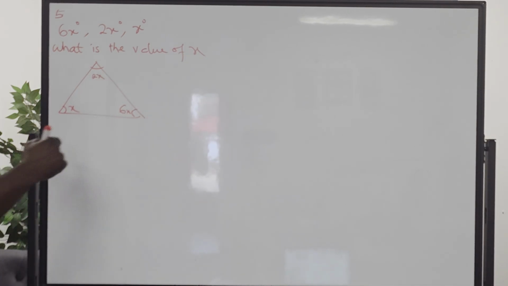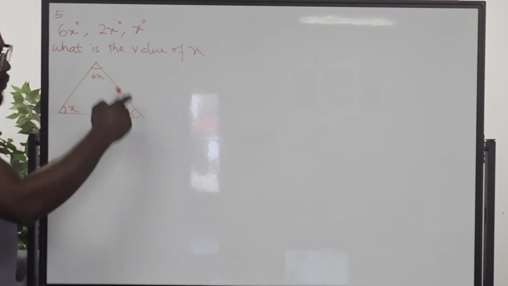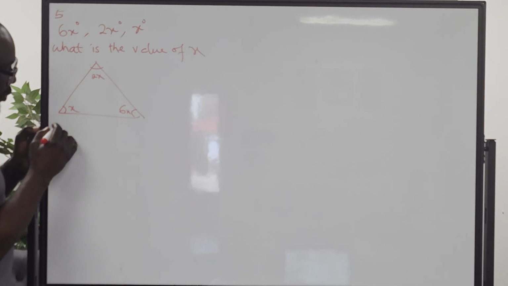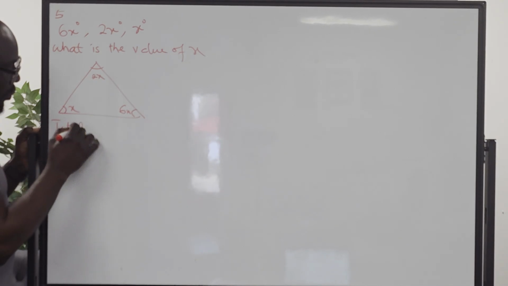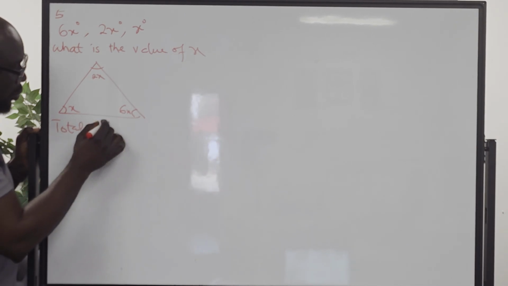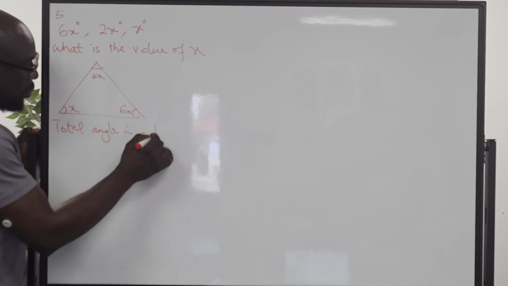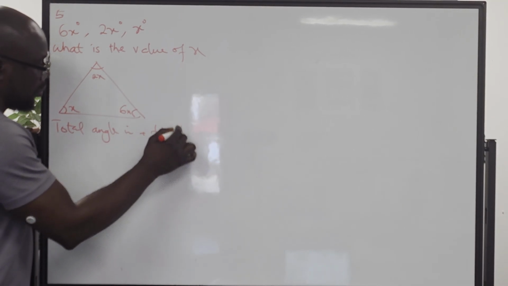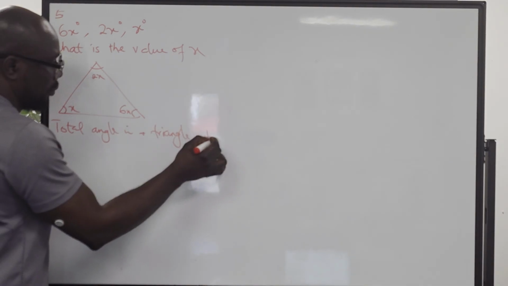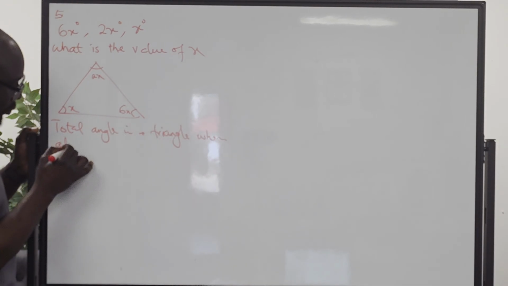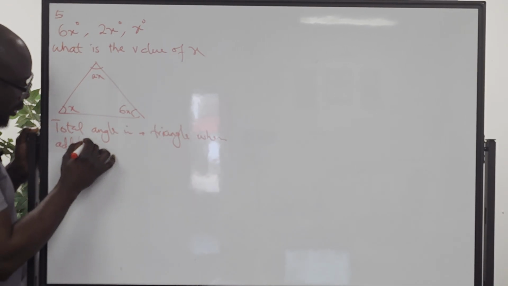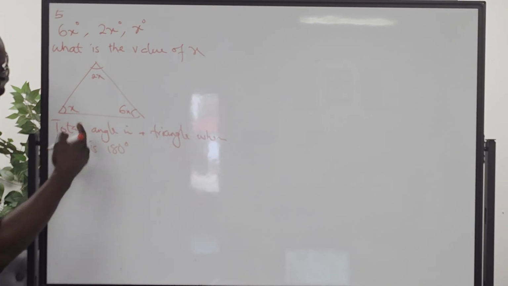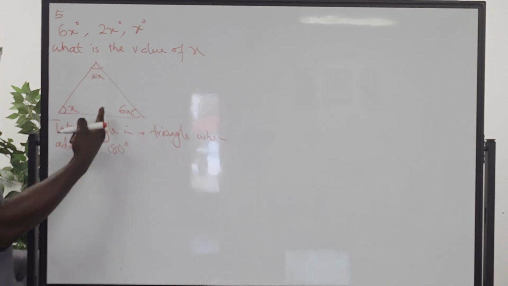First thing is that the total angle, if you add everything up in a triangle, is always 180 degrees. So the total angle in a triangle when added is 180 degrees, which means that if you add all these angles together, you should have 180.